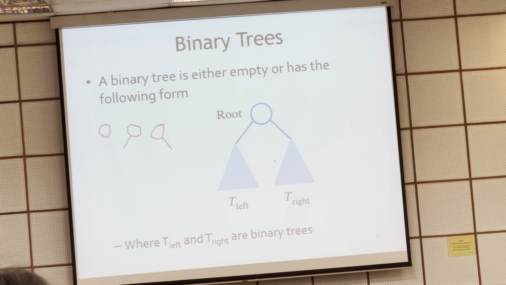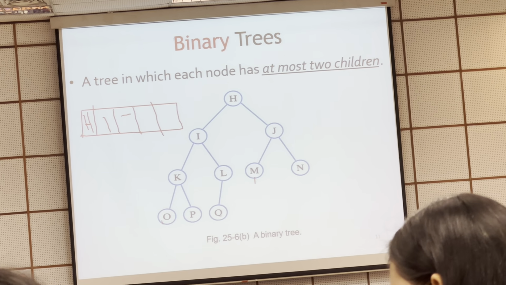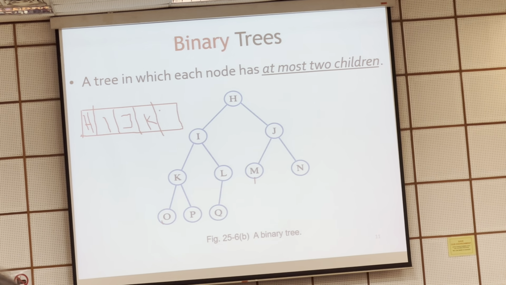Now when you have, let's say, this binary tree, I have stored these alphabets in my tree. If I have an array, maybe I would have stored it like this, for example. If I have a linked list, I would have stored my data like this.